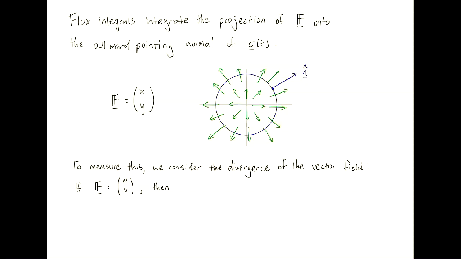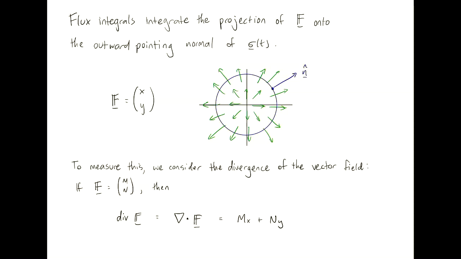Now we're talking about a different operation, divergence. And as a reminder, the divergence of my field F is equal to grad dot F, which is equal to Mx plus Ny. So remember, the curl would have been Nx minus My, or possibly the minus of that.